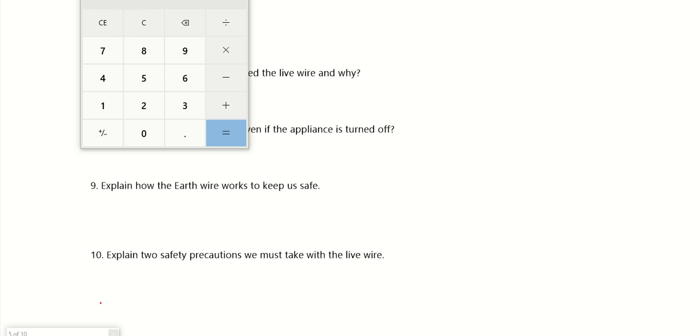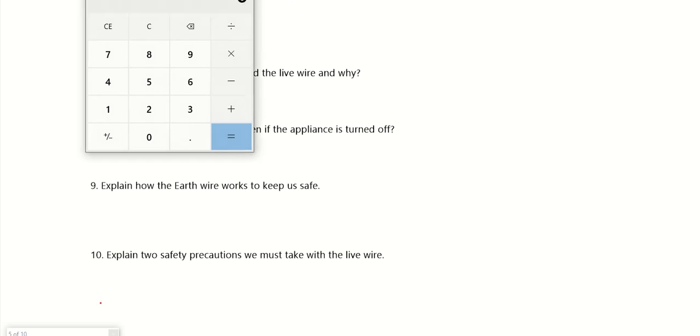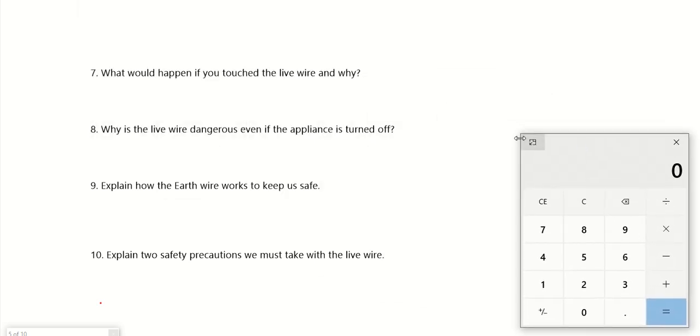Next, let's have a little peek over here and see what we've got to do. So what would happen if you touched a live wire? Because it's got 230 volts, you get an electric shock.